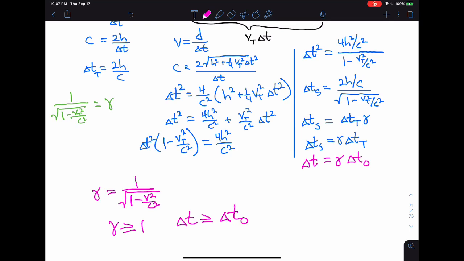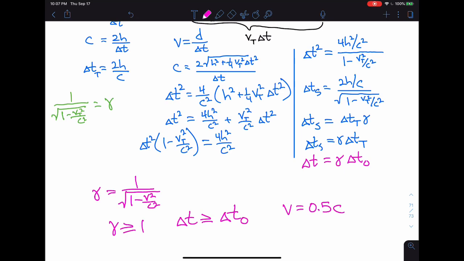And one final thing I want to mention is with regards to the speeds. Because of gamma, because we so often have this v squared over c squared, it will be common to express our speeds in terms of the speed of light. So for example, v equals 0.5c.